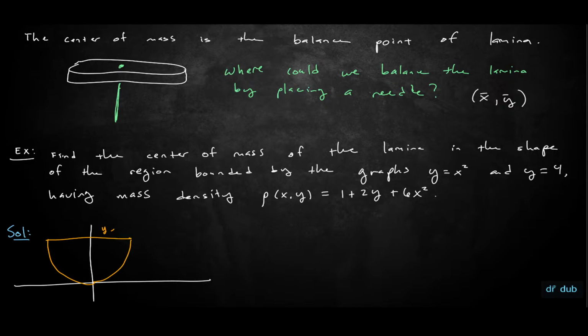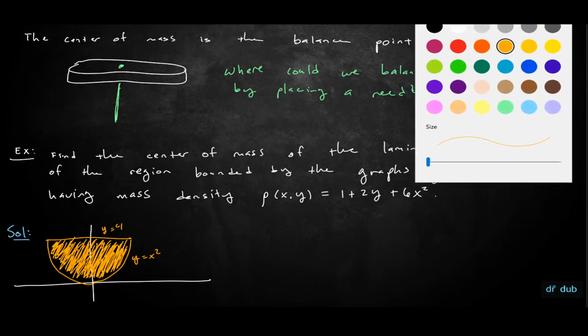We have y equals 4 and y equals x squared, and the lamina is everything inside there. There's some negligible thickness going in and out of the screen, but in the xy direction it looks like this. So that's our lamina.